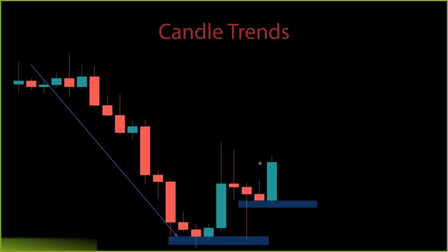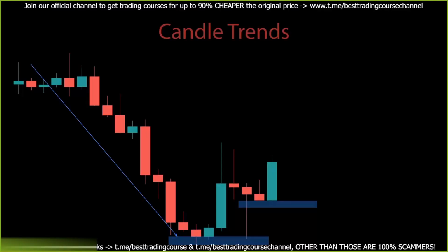Now I want some interaction here. When we're looking at these candles, is this a good time to buy right now? People are saying no. Okay, the stop is going to be too big. This is not a good time to buy right now. Price is moving like this.